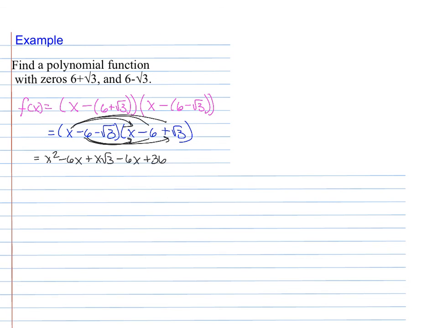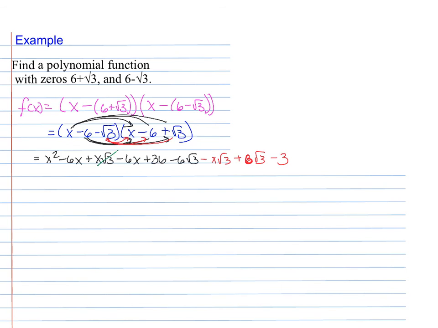This one times that one is negative 6 square root of 3. And our last one, this times that one is negative x square root of 3. Positive 6 square root of 3, and a negative square root of 3 times a positive square root of 3 is just negative 3. And now we combine our like terms, or eliminate things that go away.